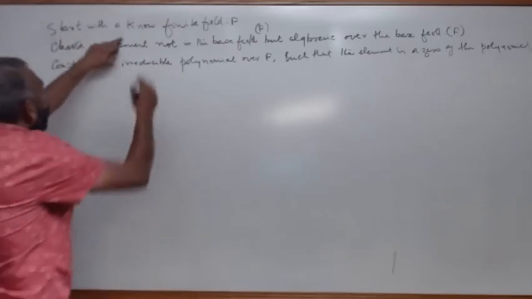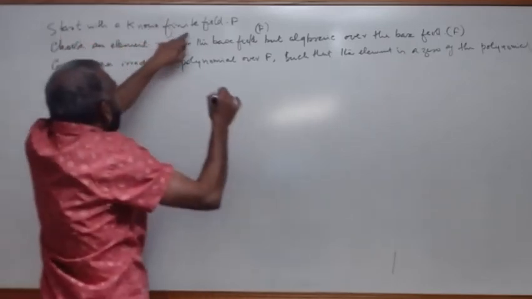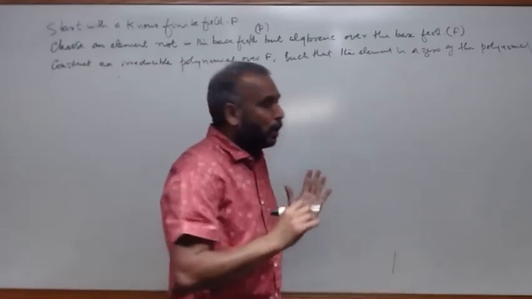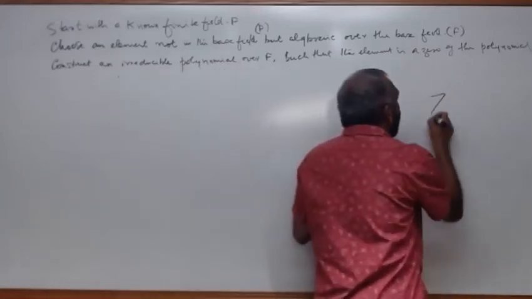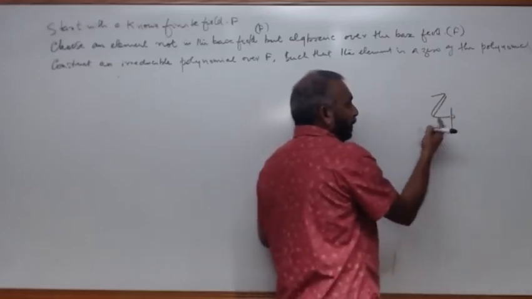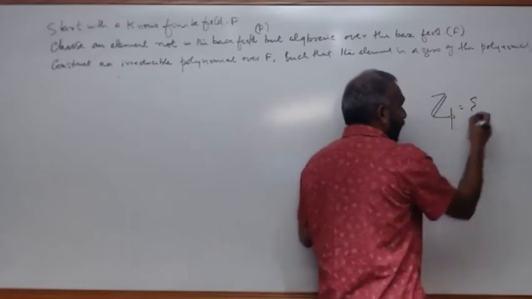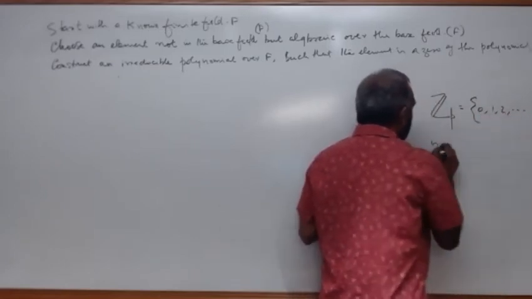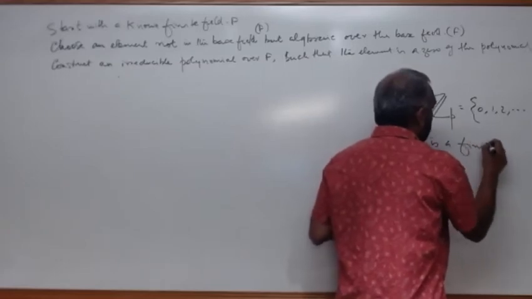Start with a known finite field. What are the known finite fields? We have some known finite fields. Any field of this form, Zp, where p is a prime, {0, 1, 2, ..., p minus 1}, this is a finite field.